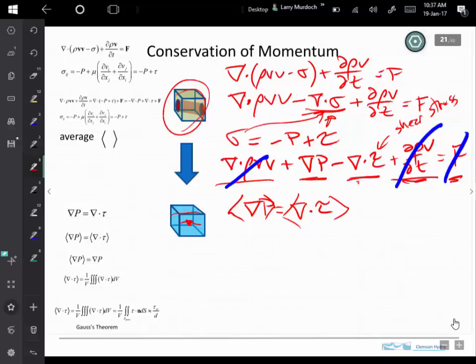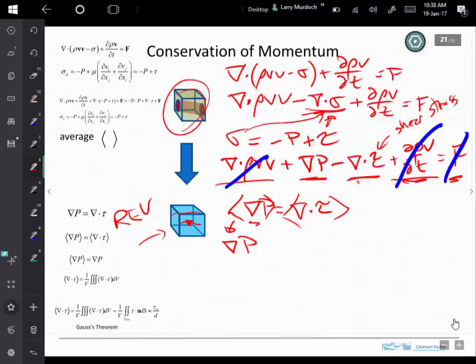So this term here is the pressure gradient within the pore, and if we average it, this just becomes the pressure gradient over the REV. So that's a pretty simple one.